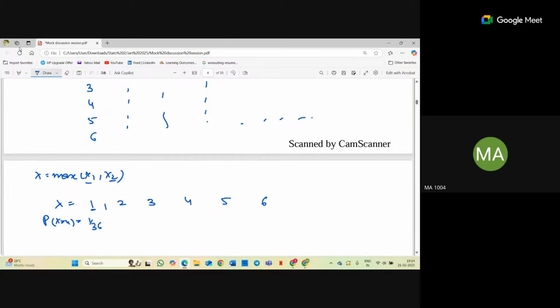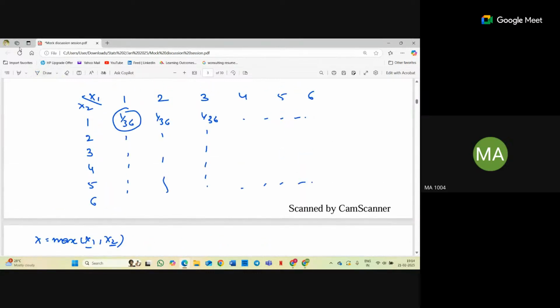Now, the second is 2. That means the maximum of both X1 and X2 is 2. And when is that? There are 3 chances: 1 comma 2, 2 comma 1, and 2 comma 2, each 1 by 36.